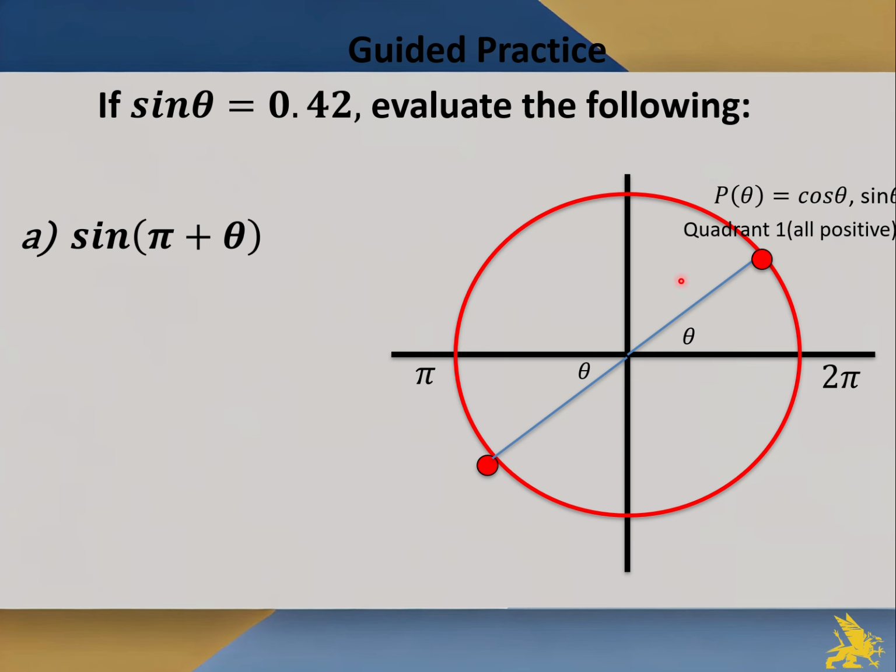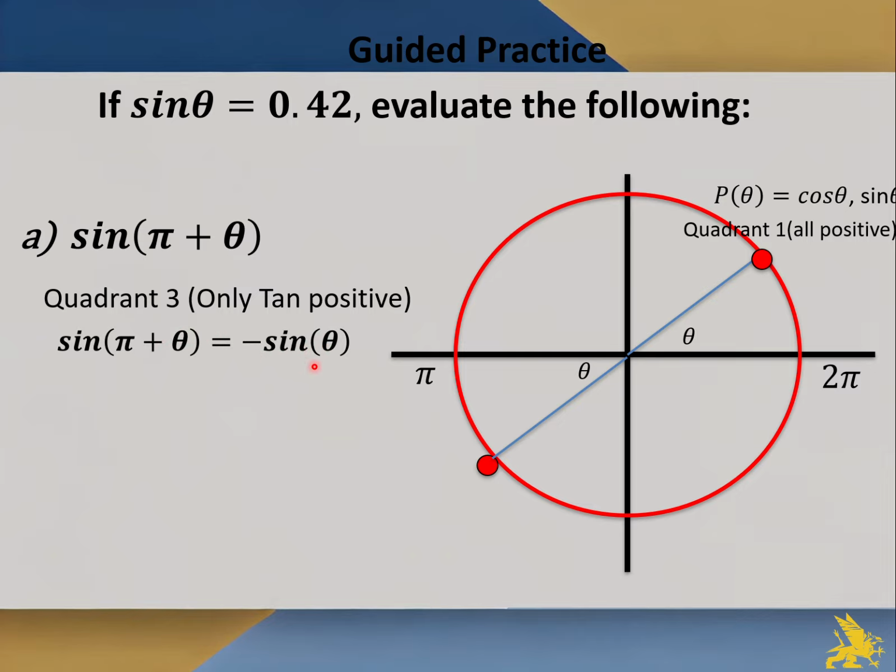Quadrant three is SACT, tangent is positive. That's the first thing we need to know. That means our sine will be negative here. So sine pi plus theta equals just negative sine theta. So our sine here is 0.42, so our answer will be negative 0.42.